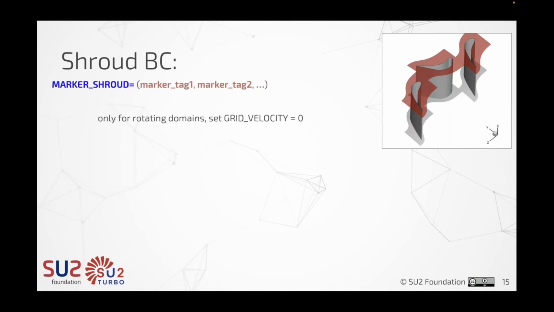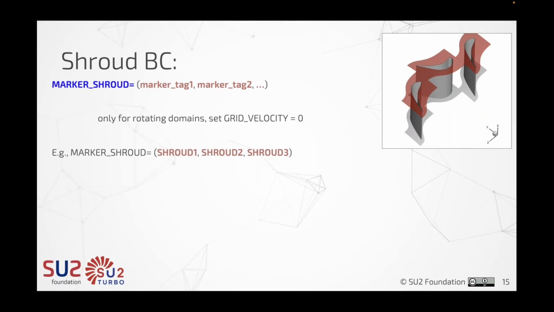And you can specify this via the marker shroud, in which you just list the markers for which you require this option. So whenever you specify a marker here, and that marker is a surface that belongs to a rotating domain such as the rotor, the grid velocity at that surface is set to 0.